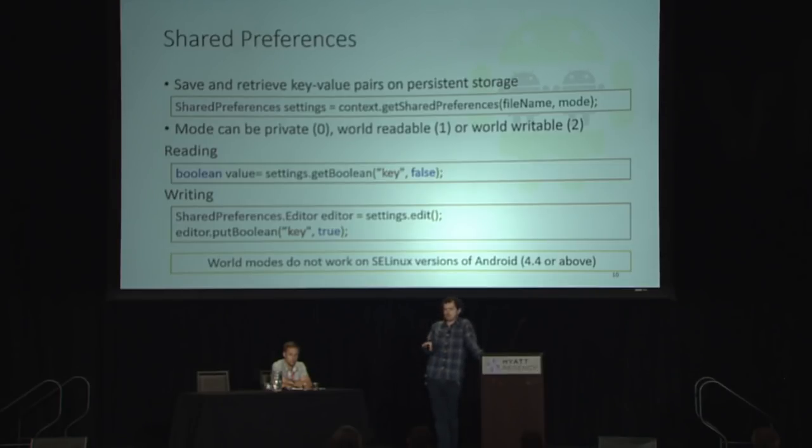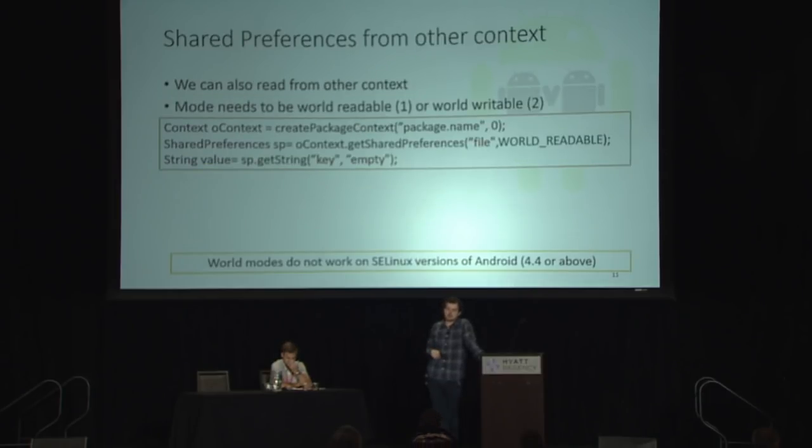But this is what we need to do if we want to read or write inside an application. But what happens if we want to read the shared preferences files from different applications? The only thing we need to do is create a context object. We can create a context object from any other context, and the only thing we need to provide is the package name.